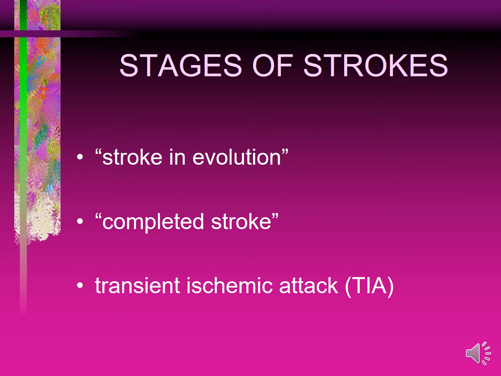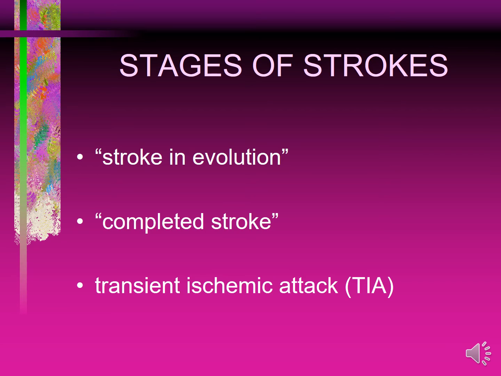There's a couple of terms that you'll hear when you're talking about strokes that I thought I would define for you. A couple of them are more old-fashioned terms that they don't tend to use a whole lot, but you might hear them tossed about, so I thought that I would just define them for you.